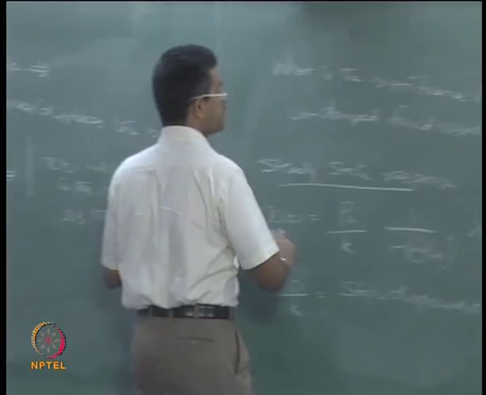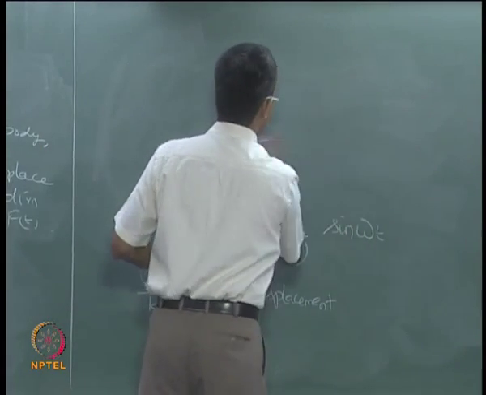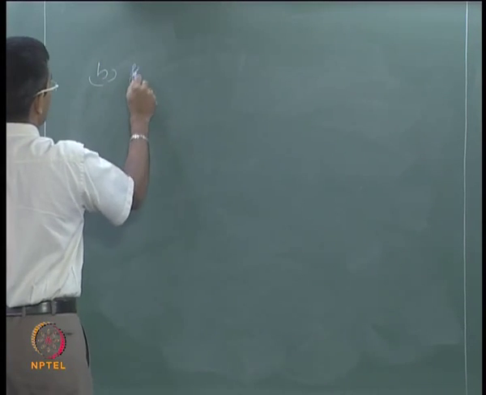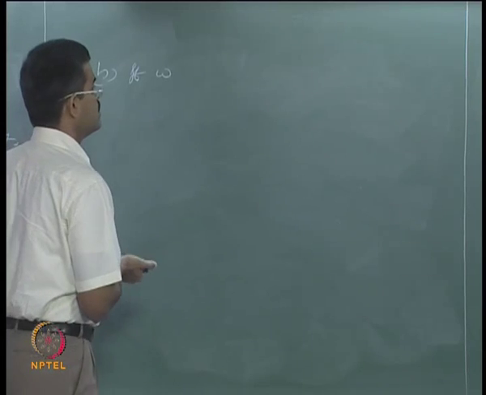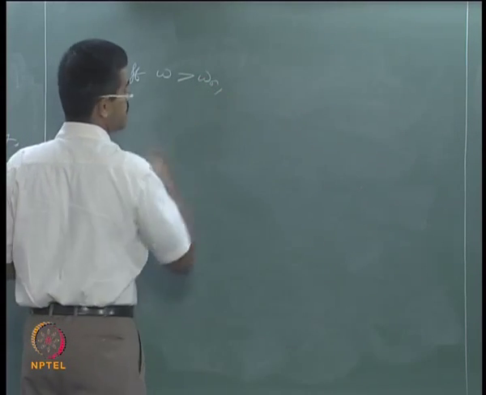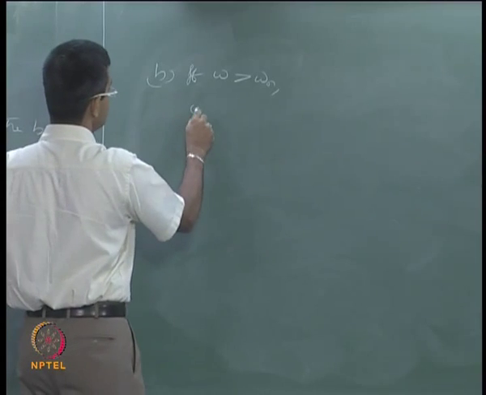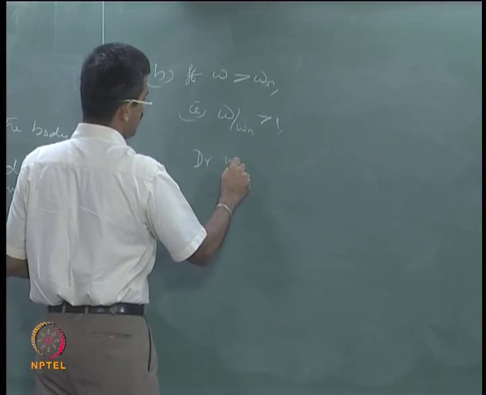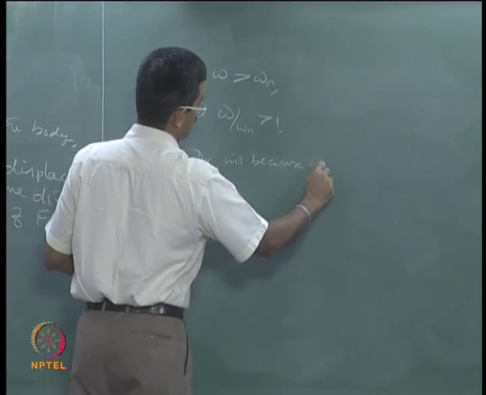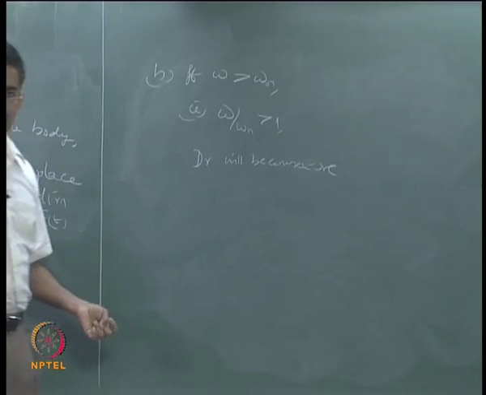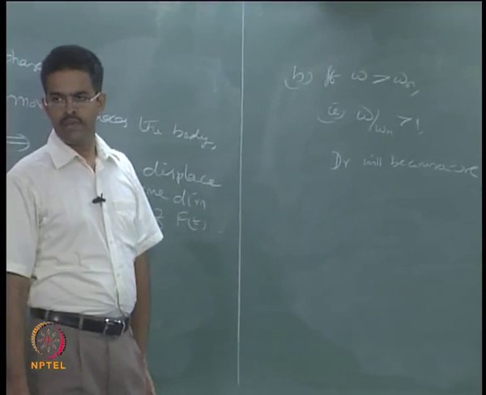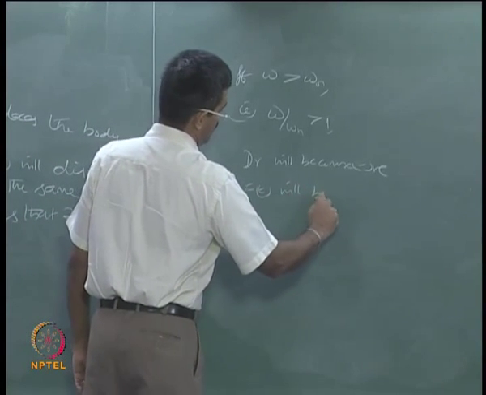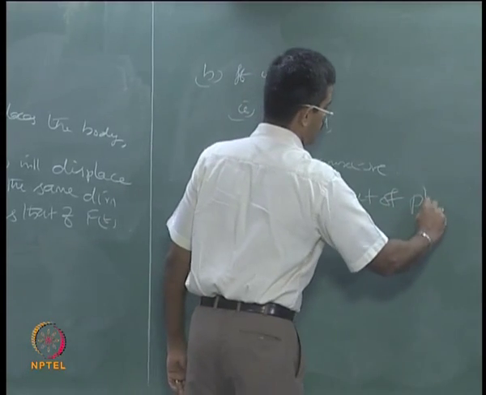Let us take another case, case B. If omega is greater than omega n, that is omega by omega n is greater than 1, the denominator will become negative. So, the sign will change, is it not? So, x of t and f of t will be out of phase.